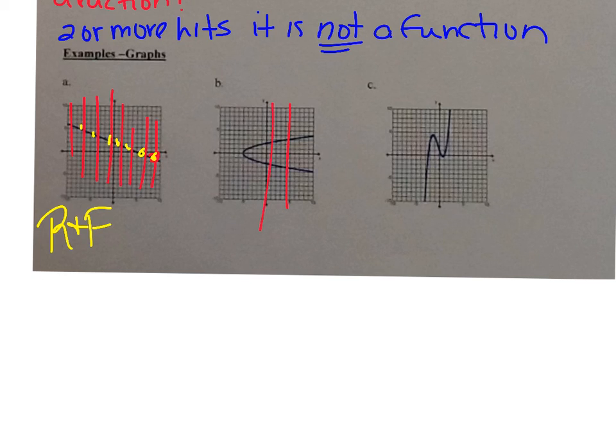I could draw a vertical line here. It hits the graph more than once. This is just a relation. All right, C. No matter where I draw a vertical line, it's always going to hit the graph just one time. Once. So this is a relation and a function.